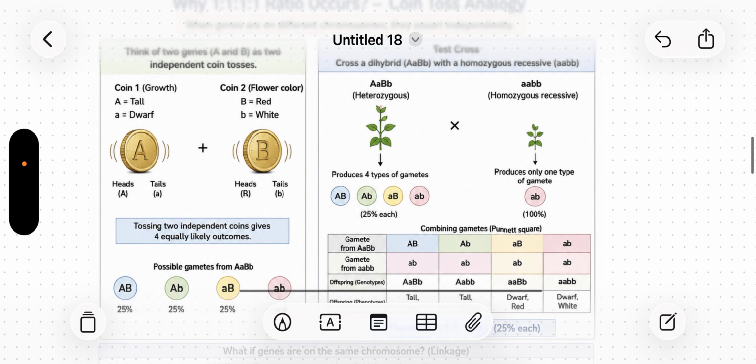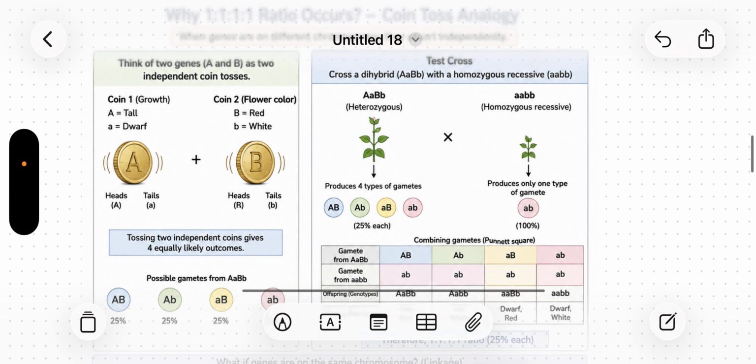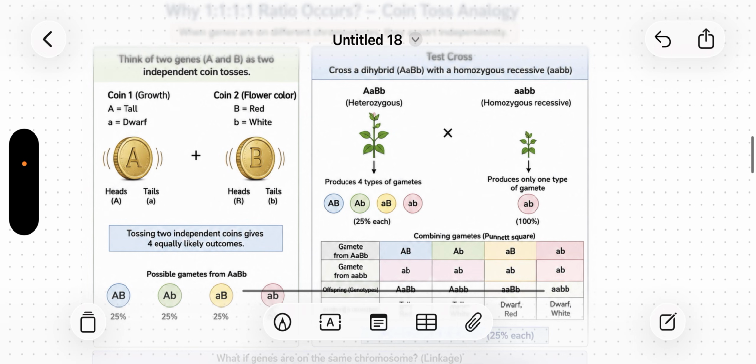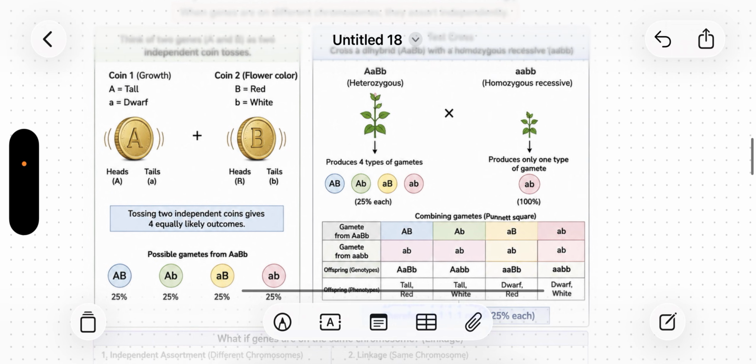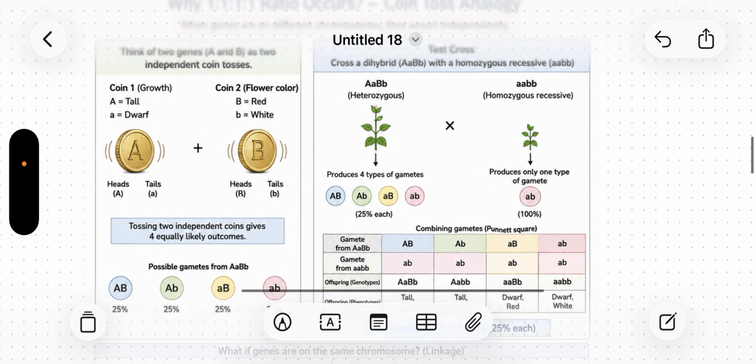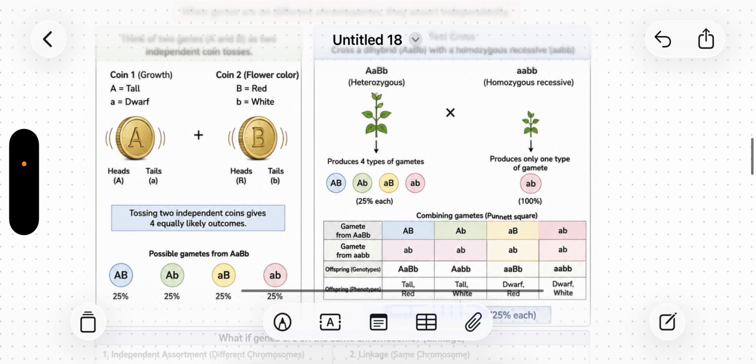Similarly, when we apply this to a dihybrid cross, suppose we perform a test cross of a plant which is heterozygous for the two characters with a plant that is recessive for the same characters. When we look at the heterozygous plant, we get four types of gametes.